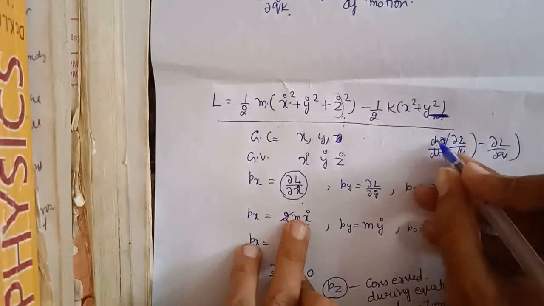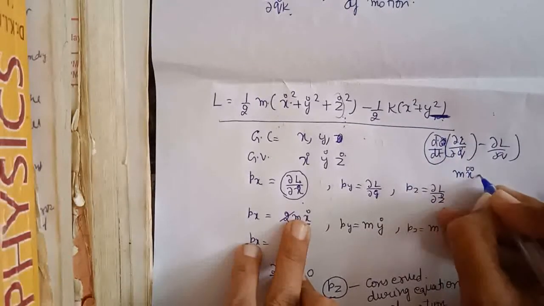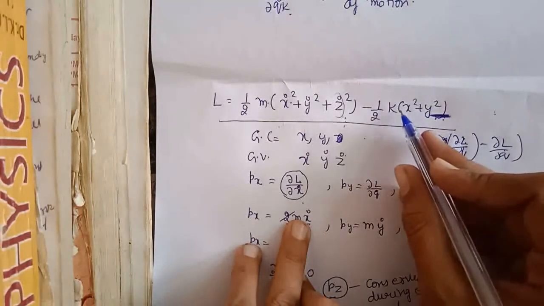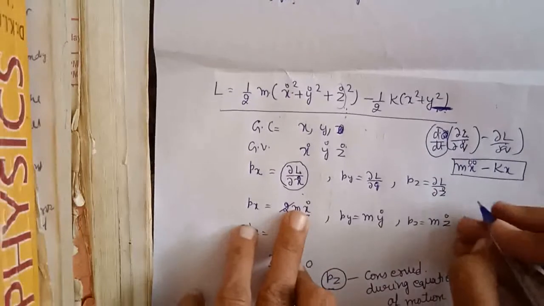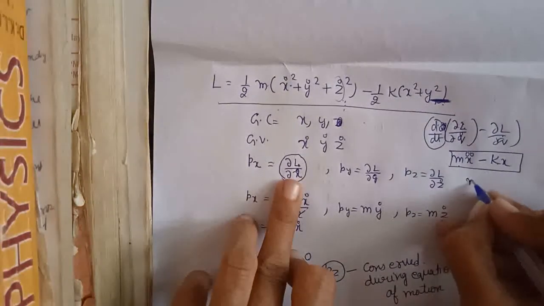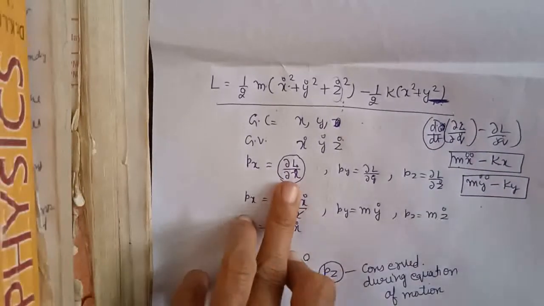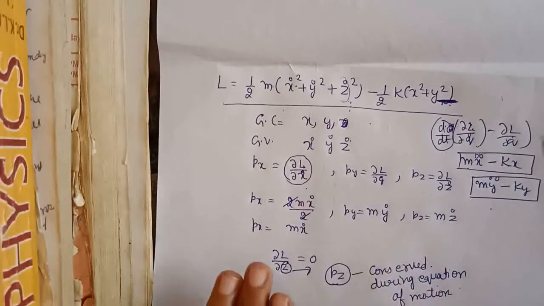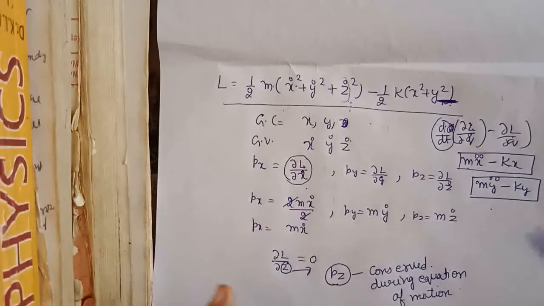If we differentiate it with d by dt, it gives m x double dot, minus del L by del x, which gives kx. Next will be m y double dot minus ky. So these are the Lagrange equations of motion. Simply put the value of L in the equation and differentiate accordingly, and you will get the Lagrange equations of motion.